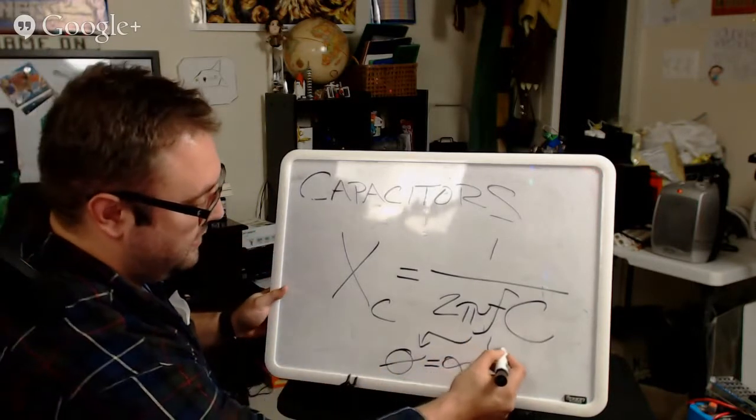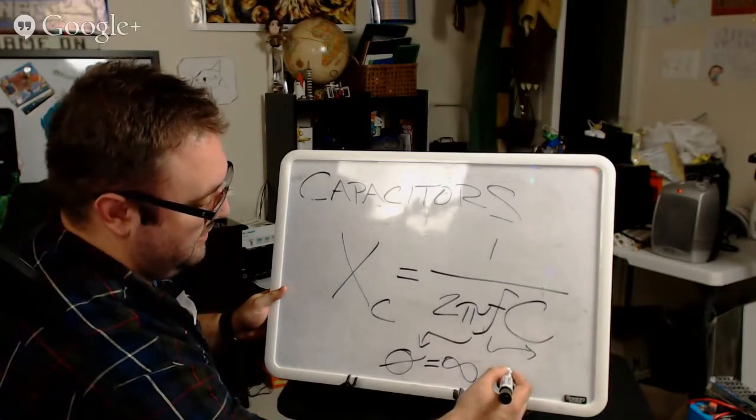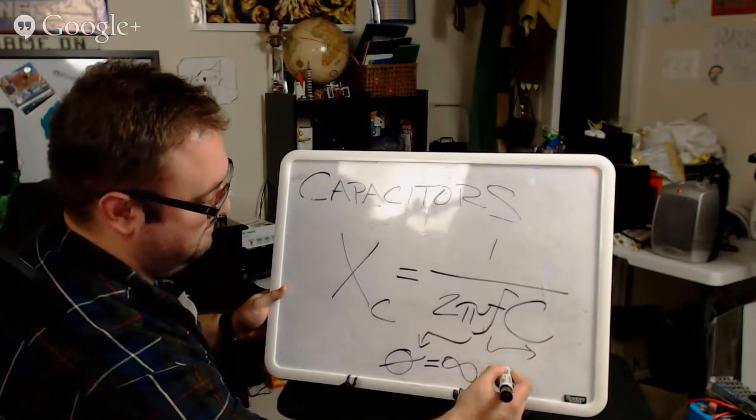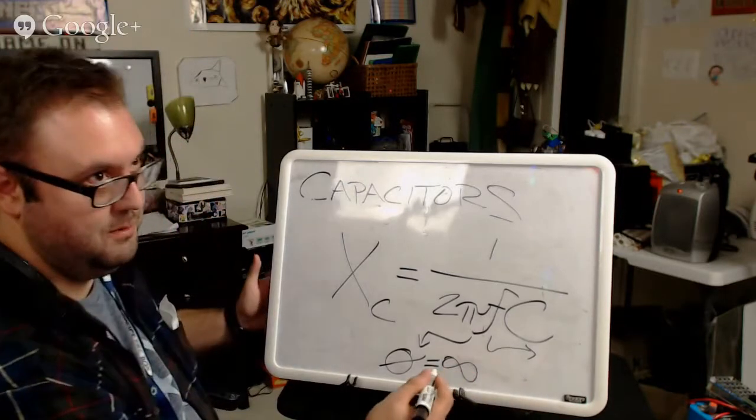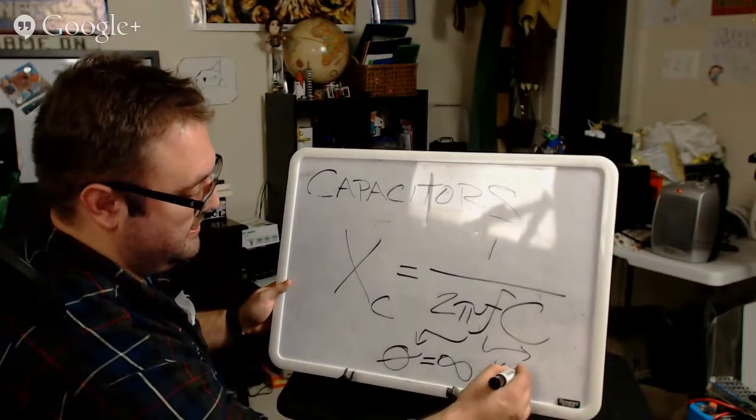Alternatively, what happens when the frequency itself gets really big? Say some really huge number that you wouldn't really have, let's say 10 gigahertz.